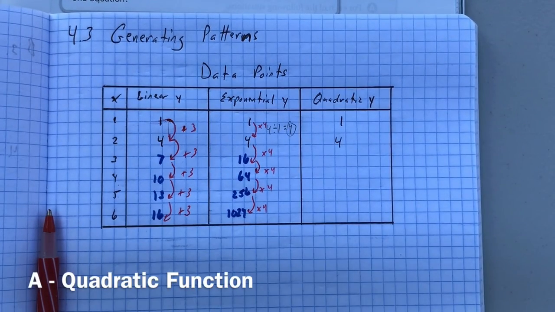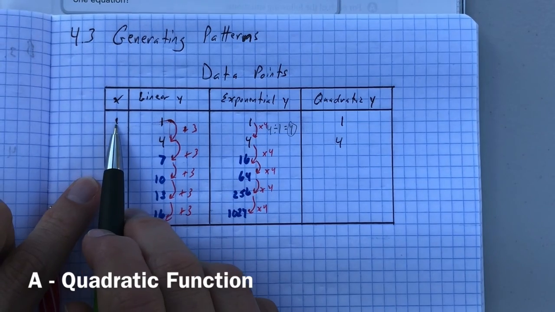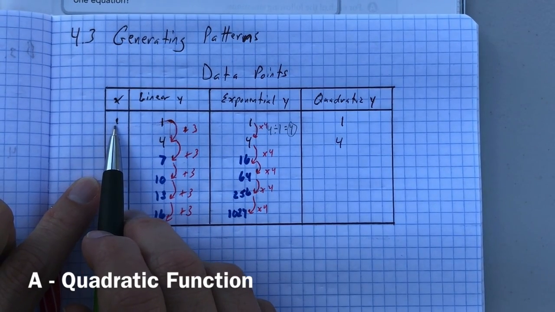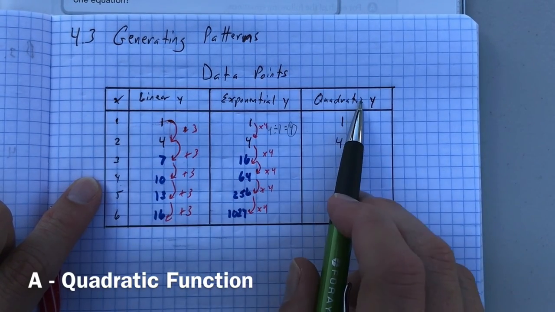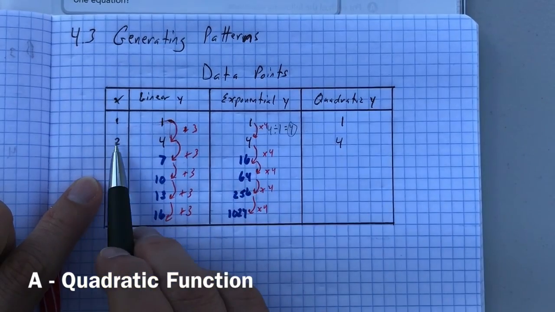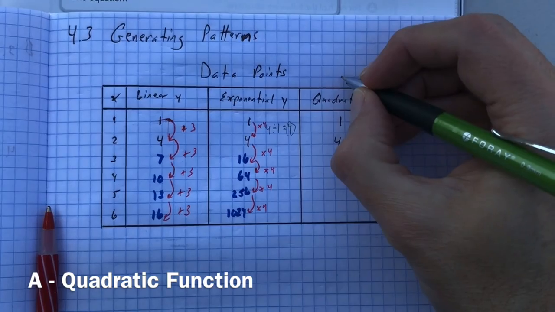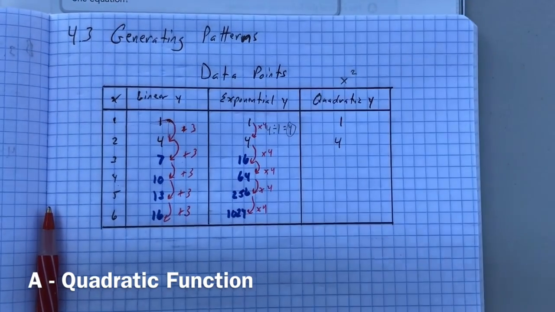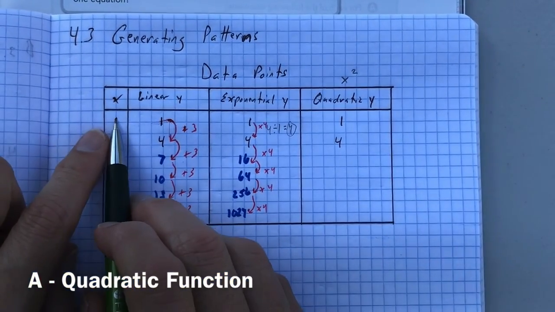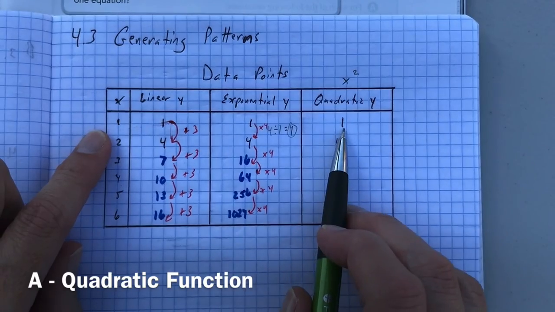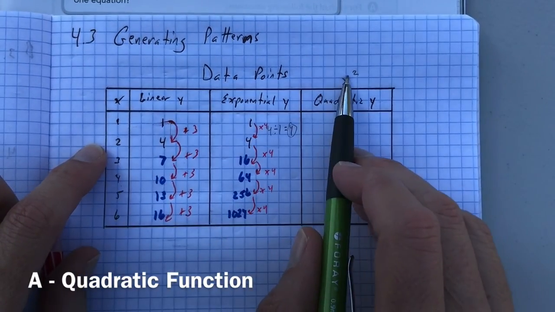When it comes to quadratic, we haven't played around with this a ton, but we know that something happens if I plug the value of x in, something happens mathematically to have it become this one here. So 2 is going to become 4. And so if you recall, quadratic is signified by having the x value to the second power. If I look at 1 to the second power, I get 1. 2 to the second power, I get 4.